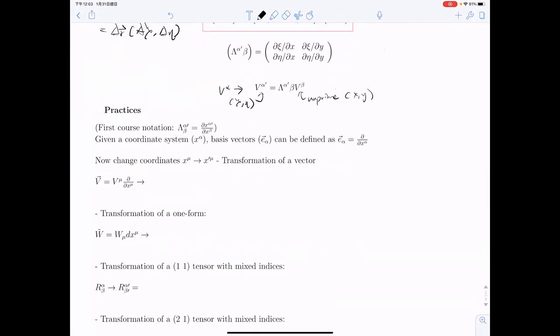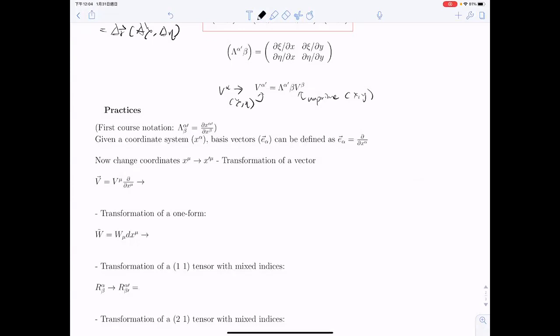Is this the Lorentz transformation matrix? Lorentz transformation is just a coordinate transformation. Sometimes the Lorentz transformation uses this as its symbol. So it is one of the coordinate transformations, a special coordinate transformation.